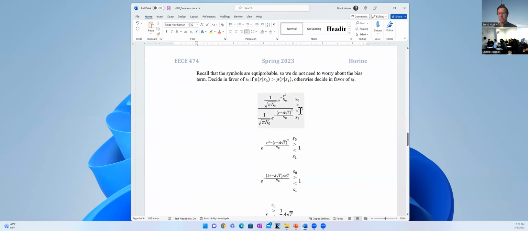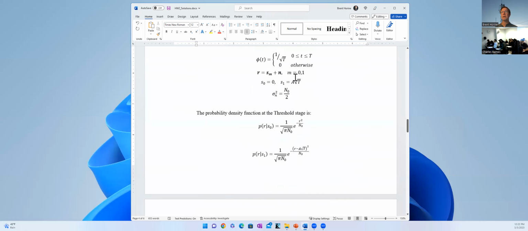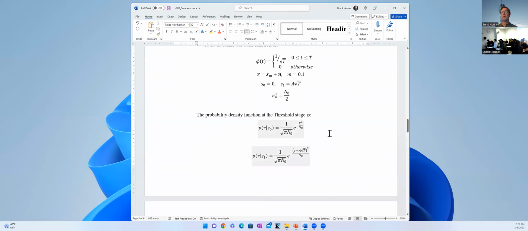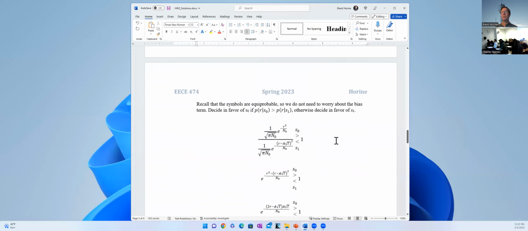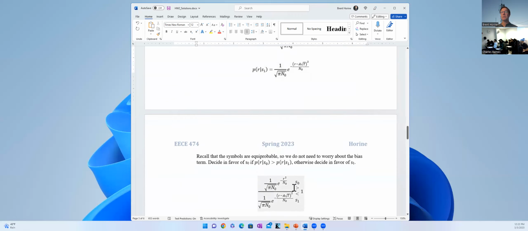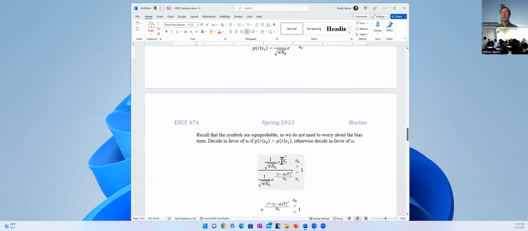I introduced this notation last lecture, and here we would have the probability of R given S0. I'm taking this equation up here and plugging it in on the numerator, and this one plugging in on the denominator. At this point, if they were equal to 1, that would be our decision boundary, because it would be a toss-up of whether it's one or the other.